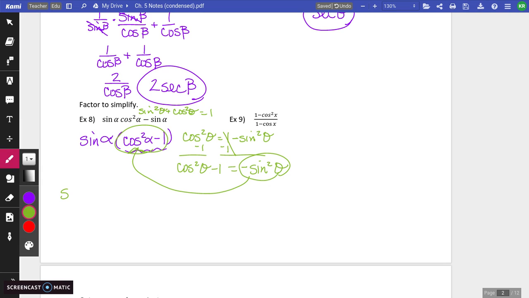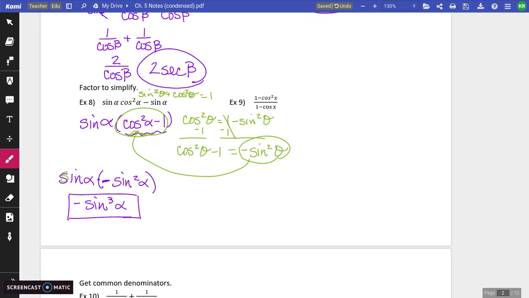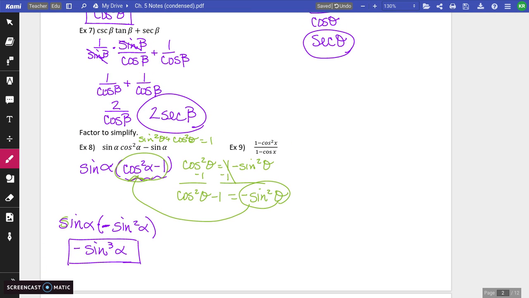All right, so now we have sine alpha times a negative sine squared alpha. So this is going to be a negative sine cubed alpha. And there's your simplified version. Okay, I'll be back for part 3 with examples 9 and 10 to finish this lesson.